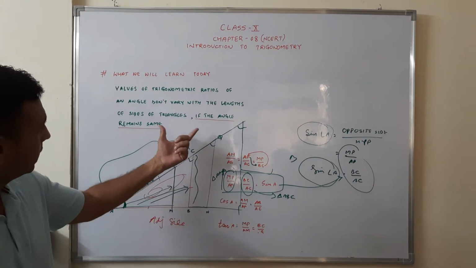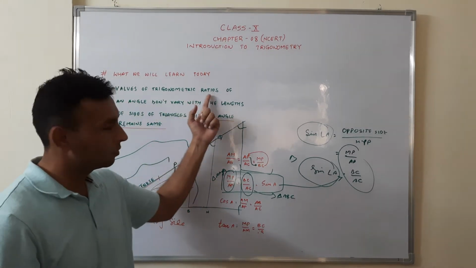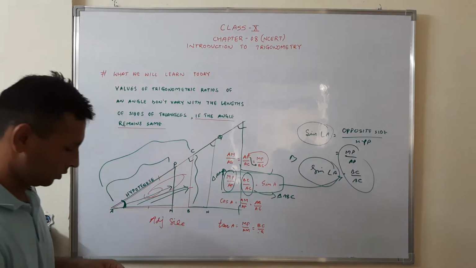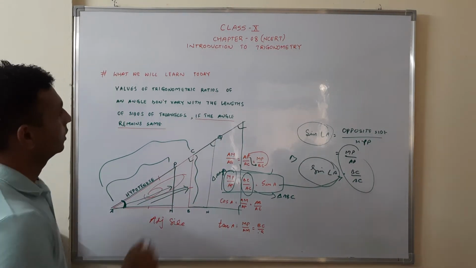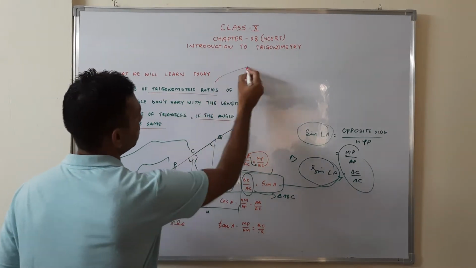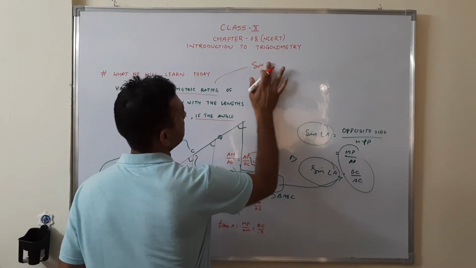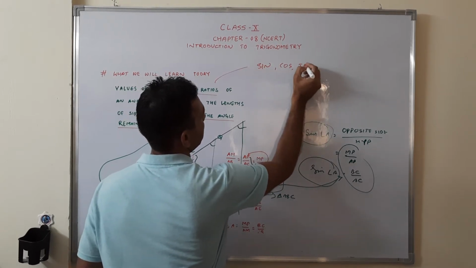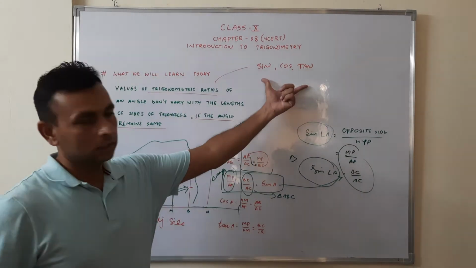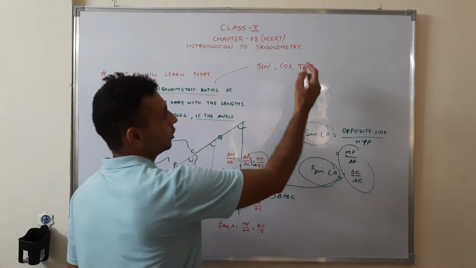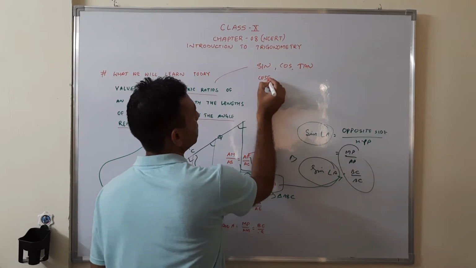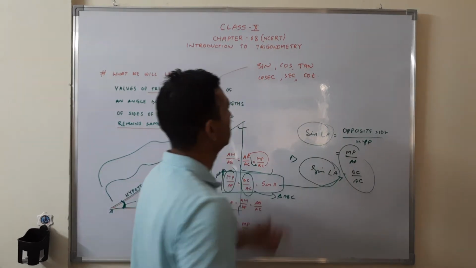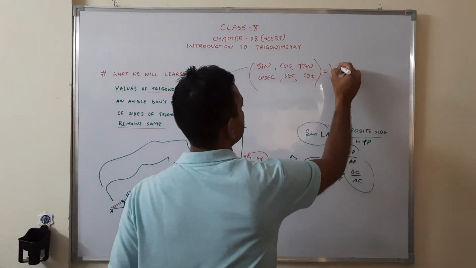So this is what we have defined here. The values of trigonometric ratios of an angle don't vary. What are these trigonometric ratios? Sine, cos and tan, and if you want to take the inverse of them, cosec, sec and cot.